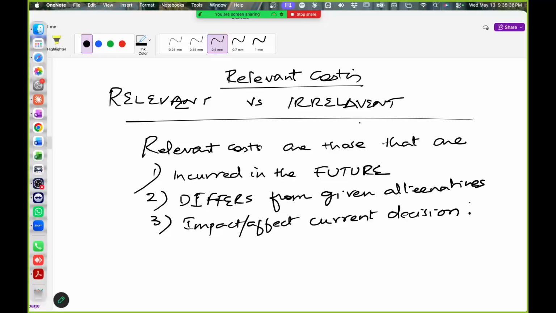For example, your company is thinking about upgrading or replacing the old machinery which was purchased 10 years ago.